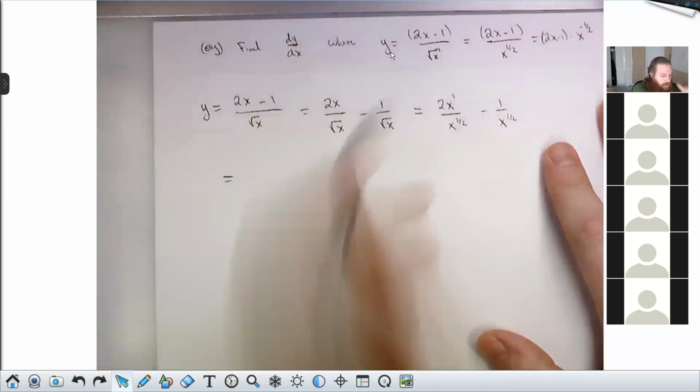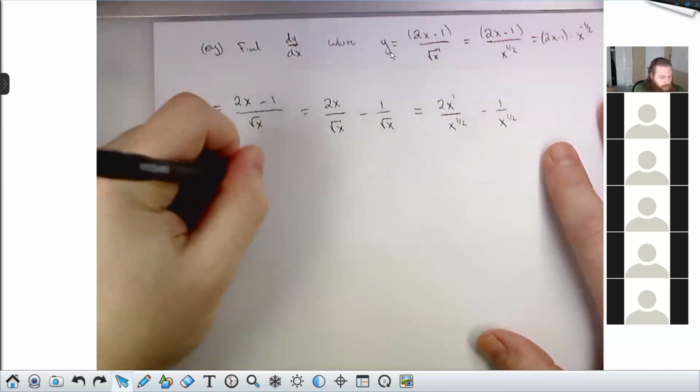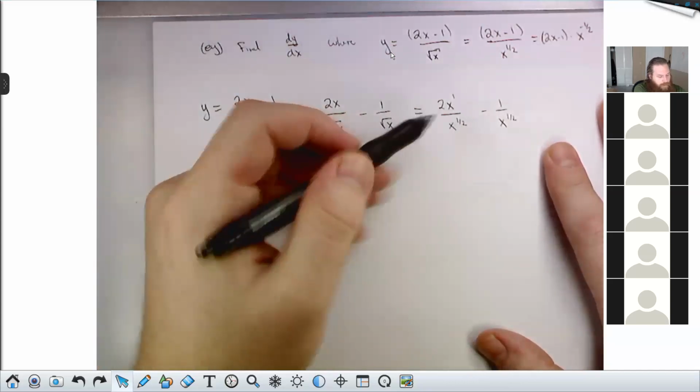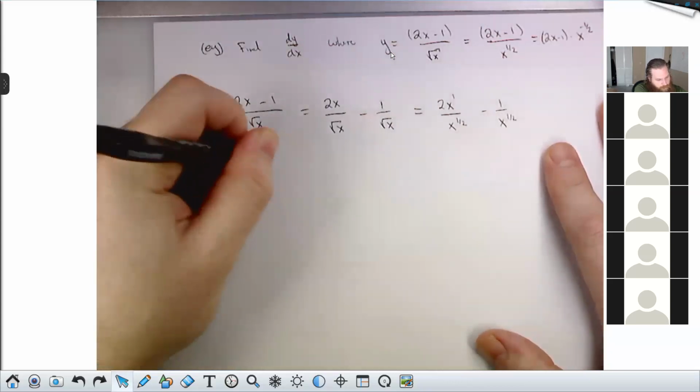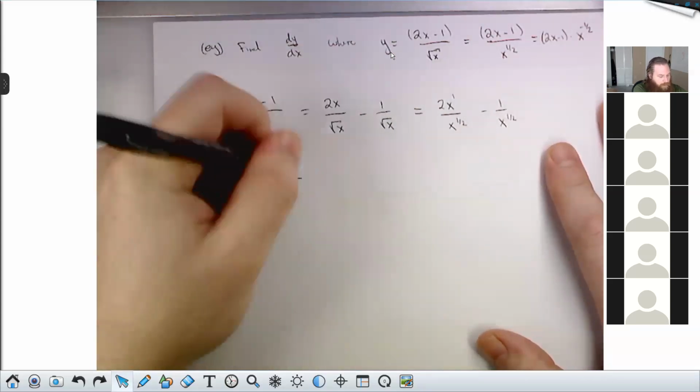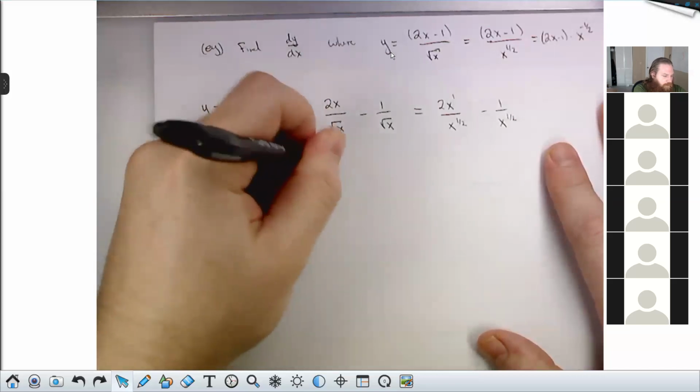Now you just clean these up. This is 2 times x to the 1 minus 1/2 is x to the 1/2 minus x to the negative 1/2.